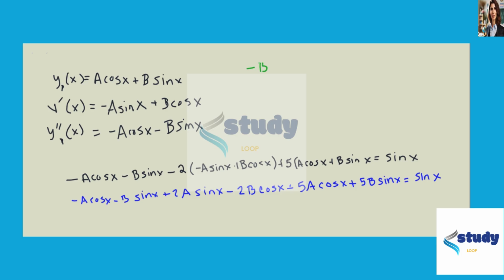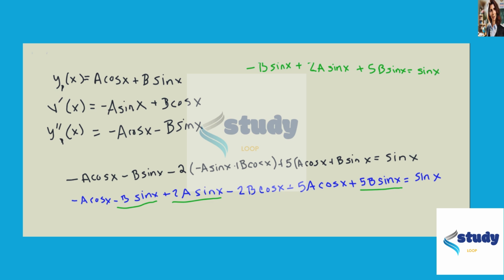So I have negative b sine x plus 2a sine x plus 5b sine x equals sine x.